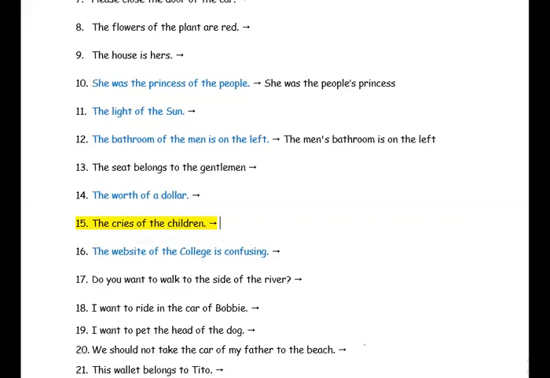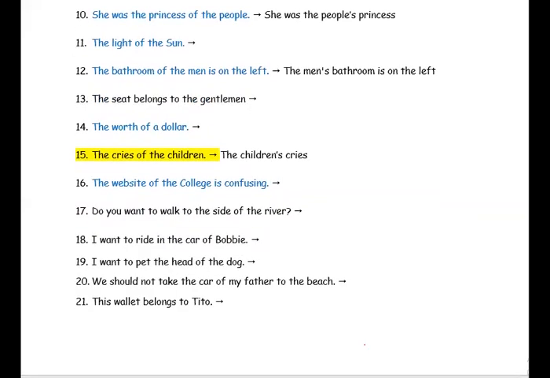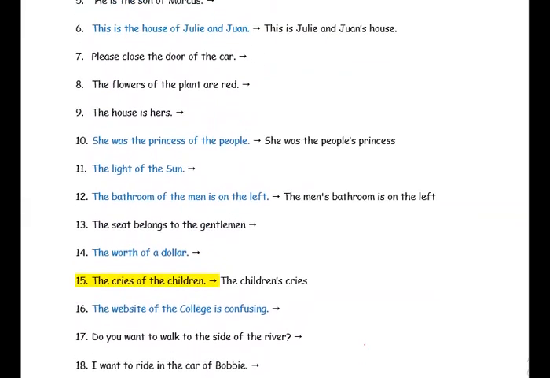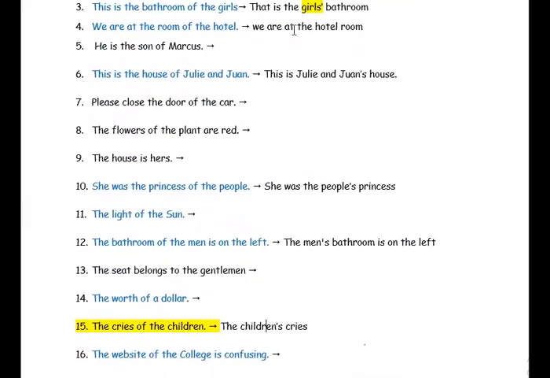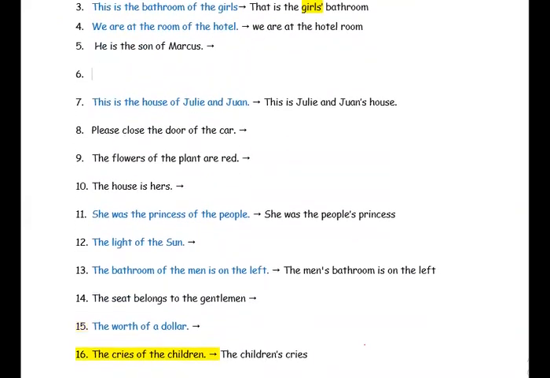Well done, Wolf. The children's cries. I'm looking for other plurals that are ending with S here. Let me just add one more.